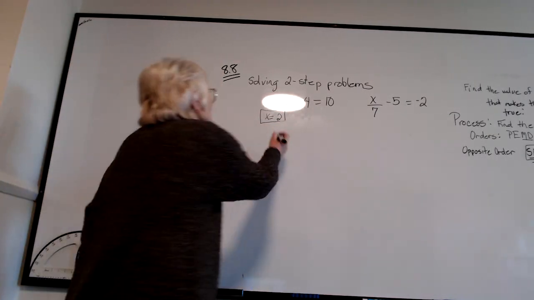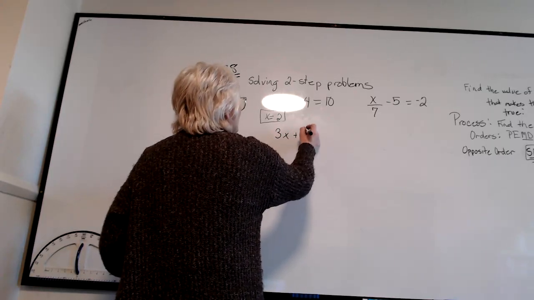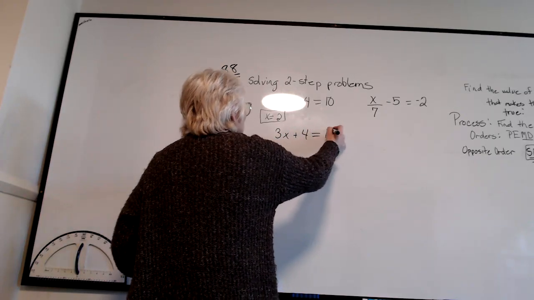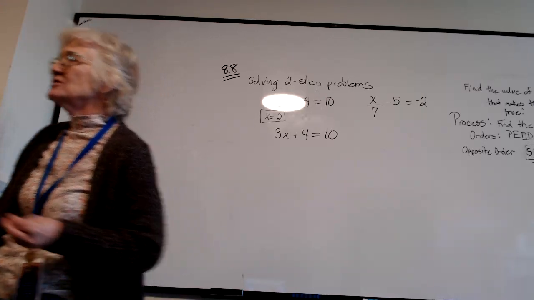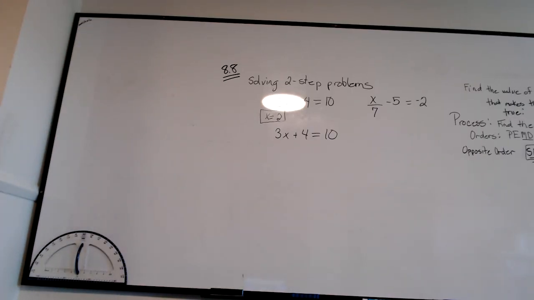So here's my equation: 3x + 4 = 10. We look for any addition or subtraction. What do you see by x that's either added or subtracted? Looking at that equation, what has been added? Brad? 3x plus 4.